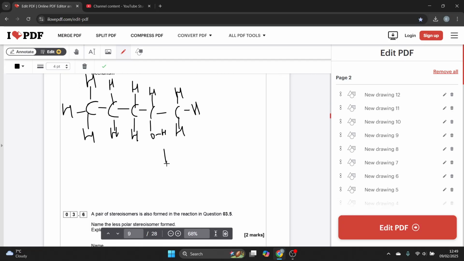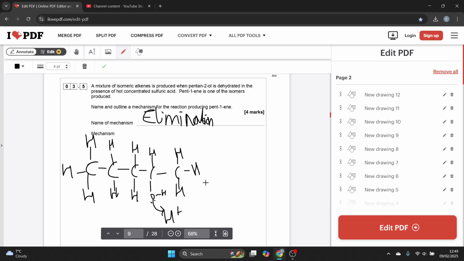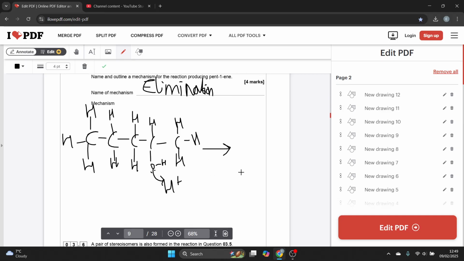Then what happens is you've got your H plus here, lone pair of electrons on OH bonds to this H plus, and then what happens is, I'm trying to recall it now, then the oxygen is positively charged.